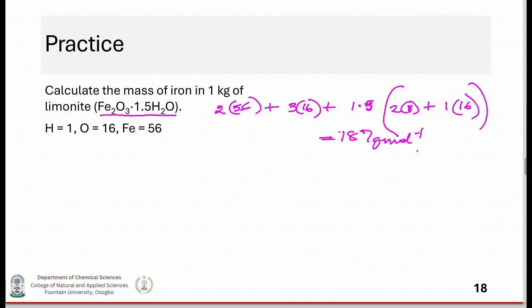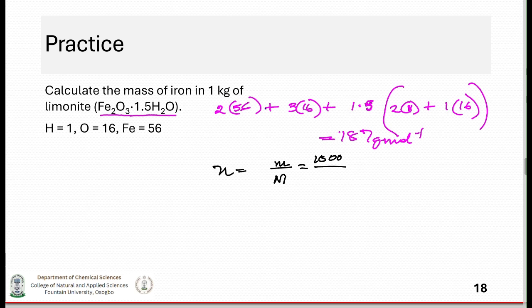So we get the molar mass, and we will use it to get the mole. That is, we want to calculate the mole of the substance from the molar mass. We know that number of moles equals mass over molar mass. And the mass is 1000 grams.